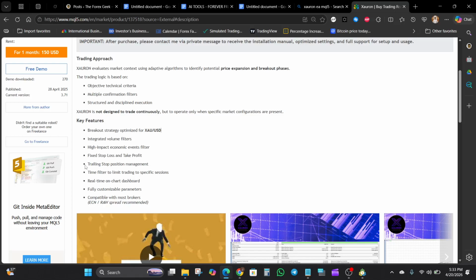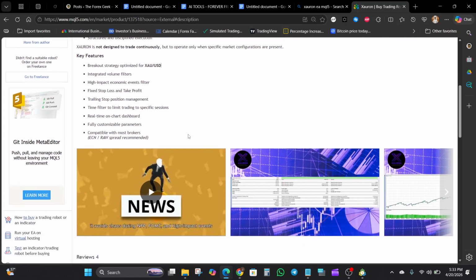So overall, from a structural standpoint, this is a disciplined breakout system with multiple layers of filtering and risk control.